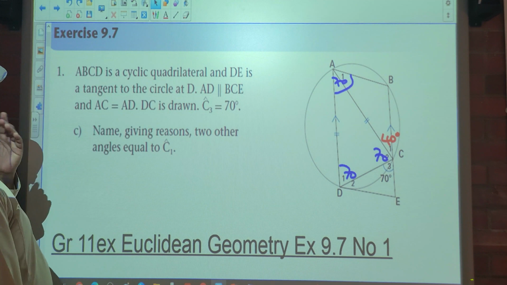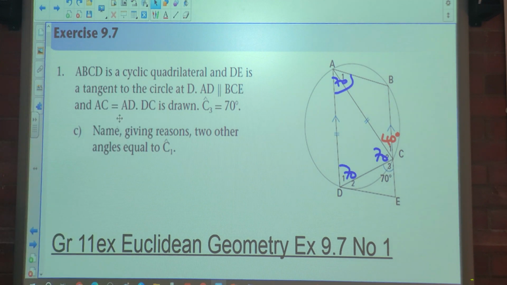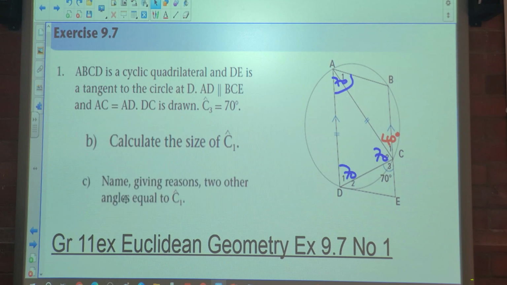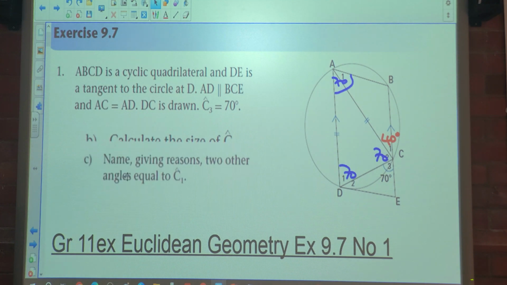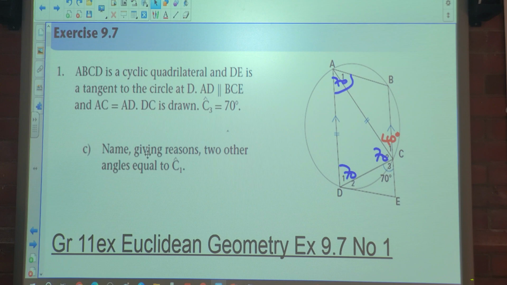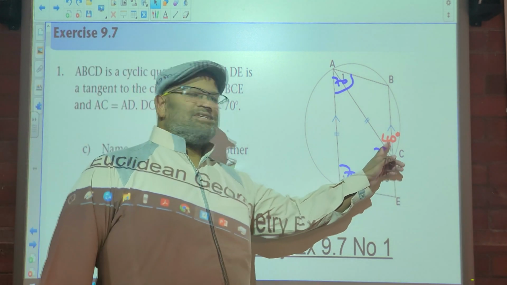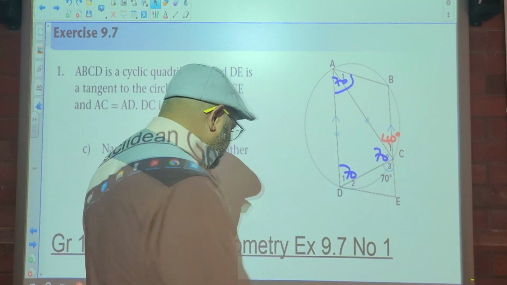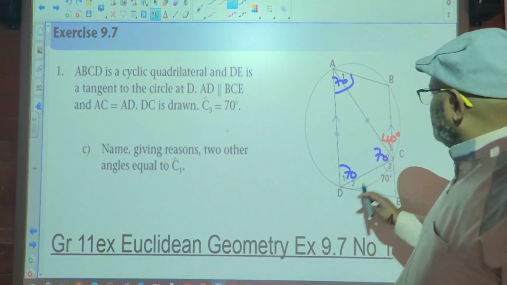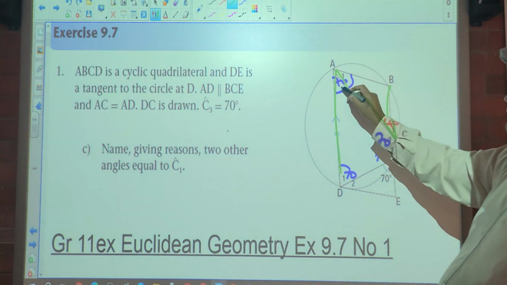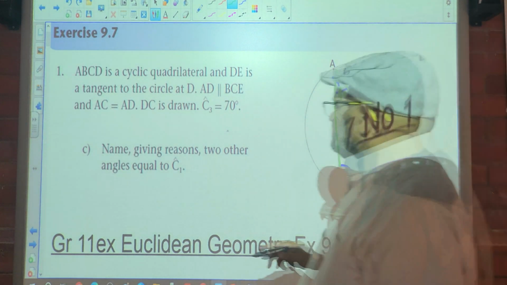We just did C1. They asked it to you twice. Oh, now you're giving reasons how the angles are equal to C1. So in other words, you must calculate which angles are 40. So which other angle is 40? A2 is 40.